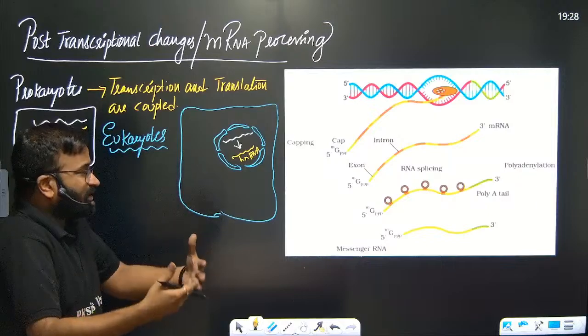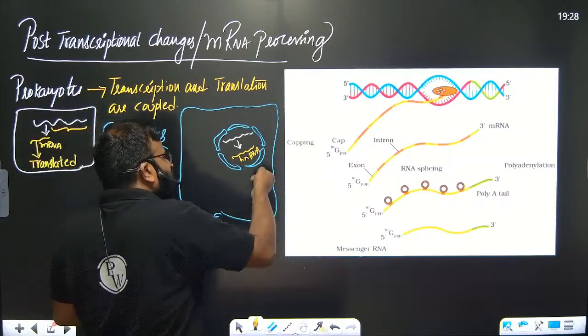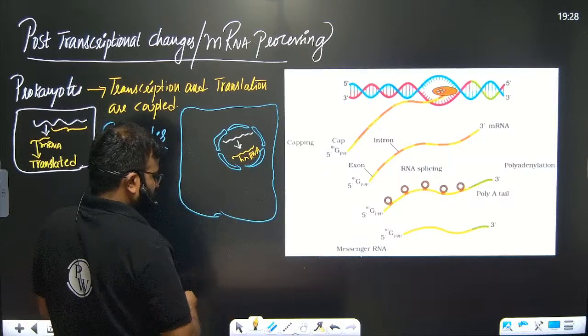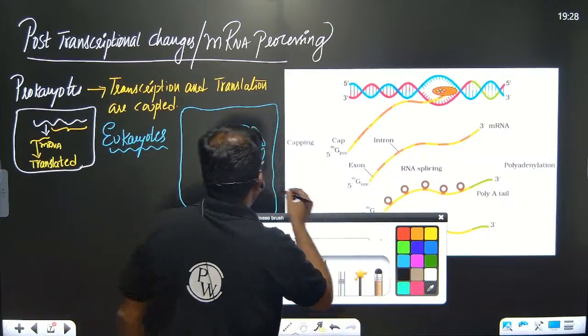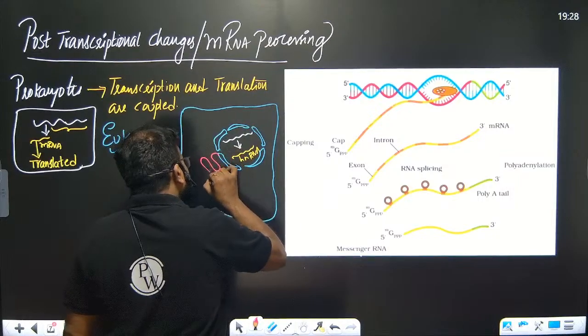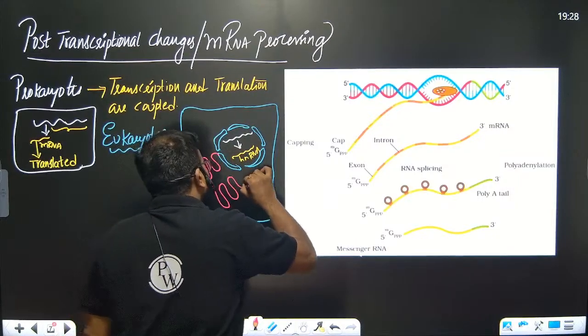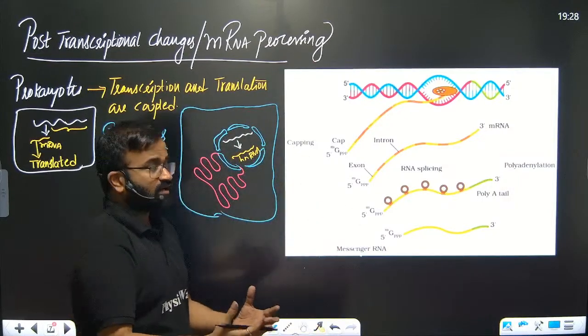After undergoing changes, it will travel into the cytoplasm onto the ER, where translation or our protein synthesis occurs.